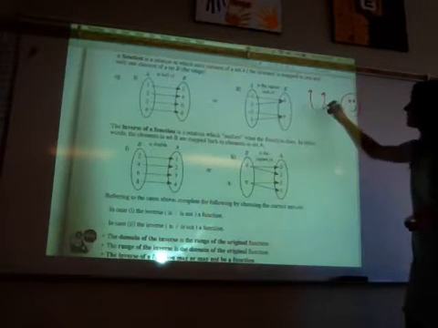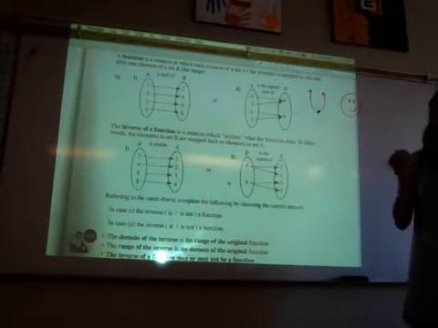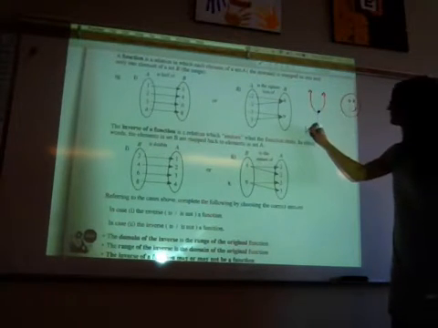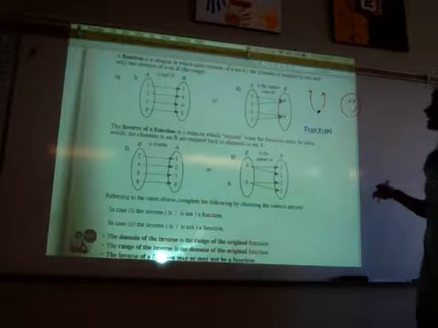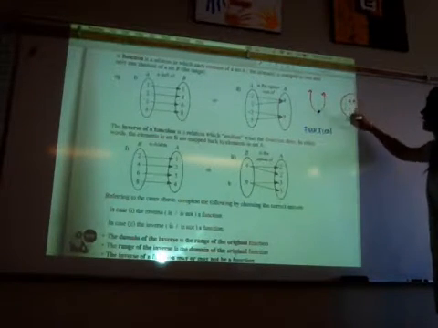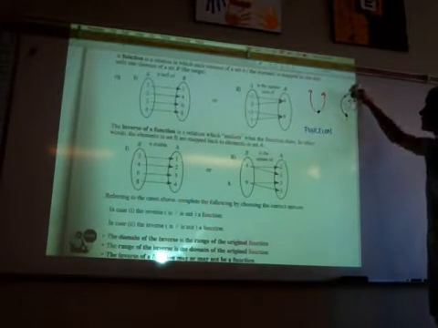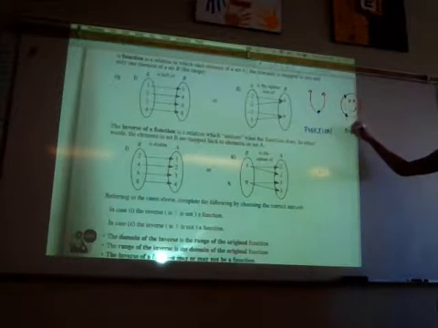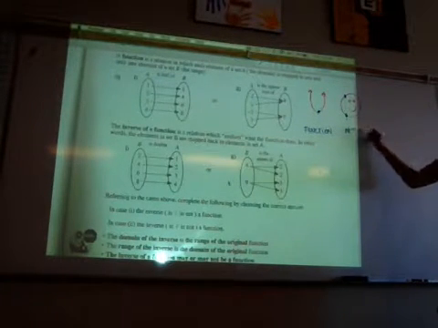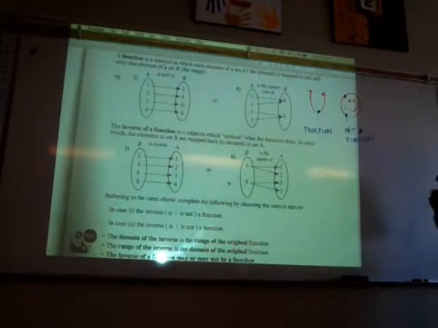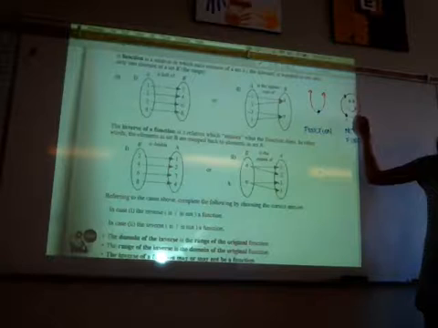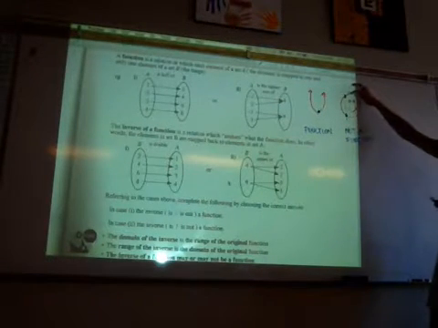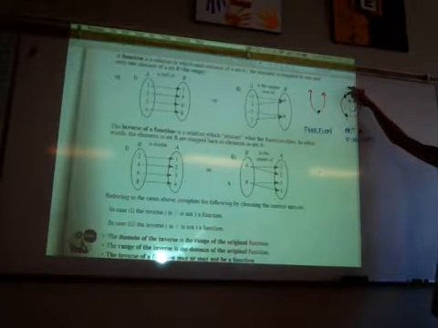So if it only crosses through the graph once, it is a function. Okay? If it crosses through the graph more than once, so boom, boom, it is not a function. And the reason why is because for every x value, there's more than one y value.